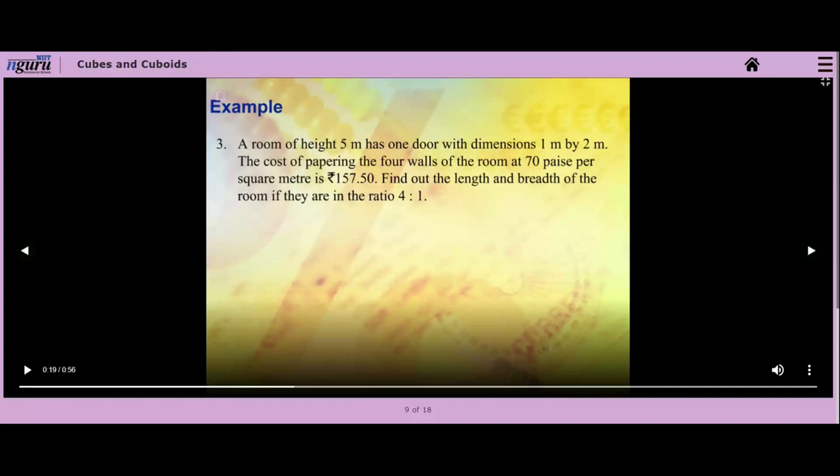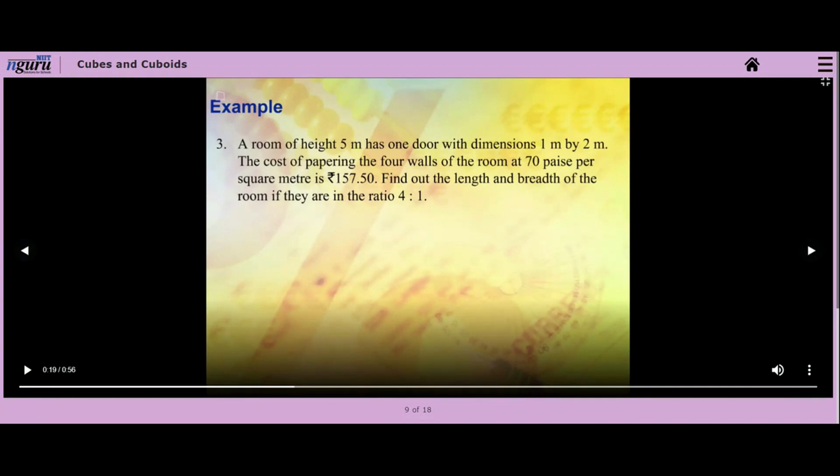How much you got? Four walls. What formula did you take? 2 bracket BH plus HL. 2H into L plus B, right? Yes, ma'am. That is the area of the 4 walls, and minus the door.